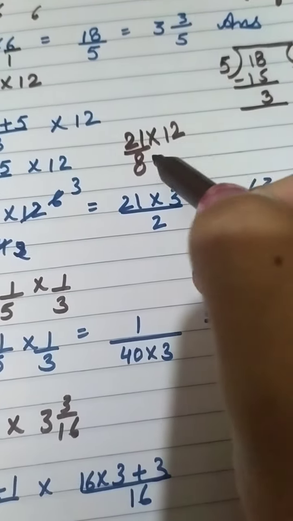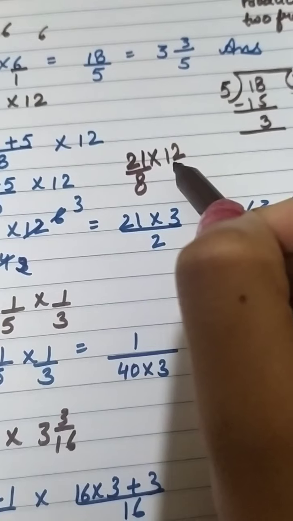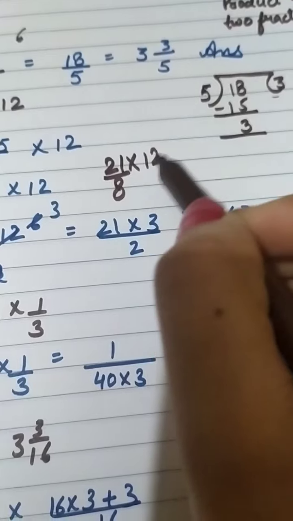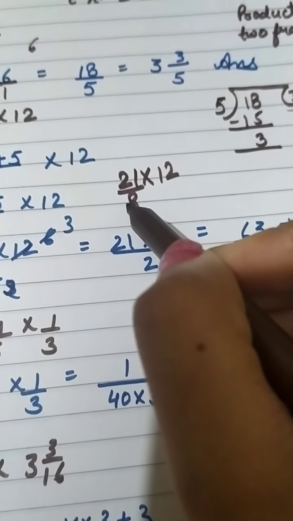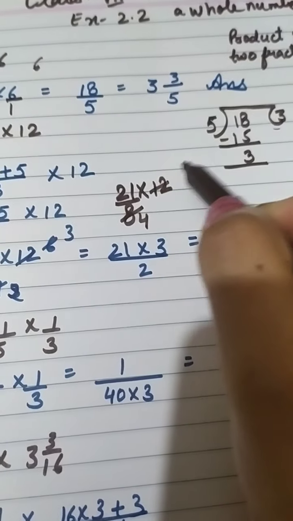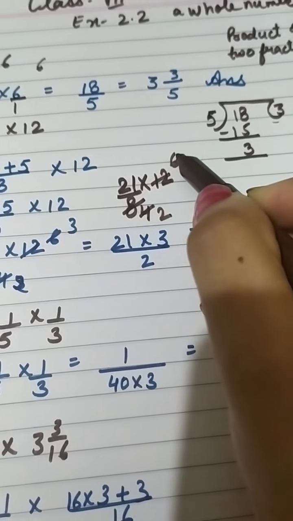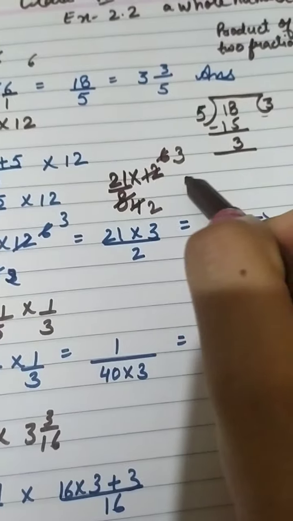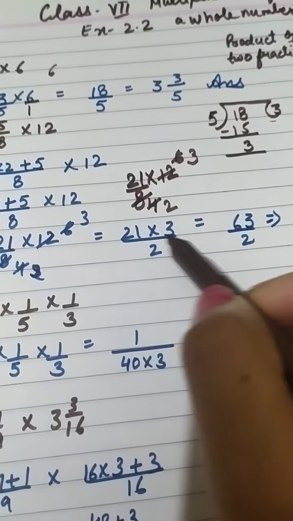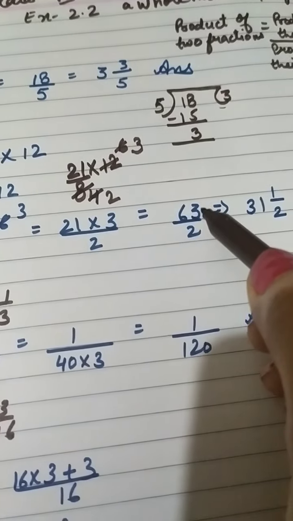We have to find a number by which both are cut. So 2 4s are 8, 2 6s are 12. Again this is going by 2: 2 2s are 4, 2 3s are 6. Now what is left? 21 and 3. 21 multiply 3 upon 2 is left in the denominator. So we have multiplied this, that is 63 upon 2.